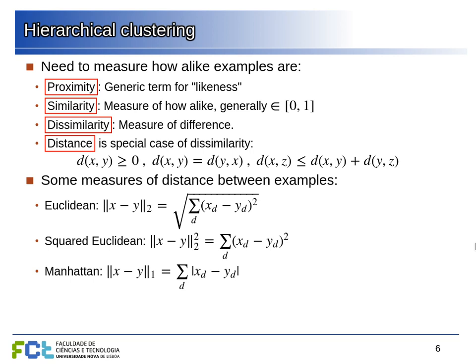So we have different terms. We can talk about proximity, or how alike examples are, similarity too, but usually when we talk about similarity, it usually refers to a measure between 0 and 1, although sometimes the word can be used in different senses.